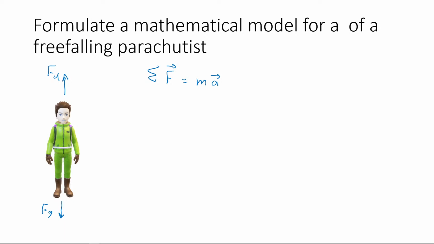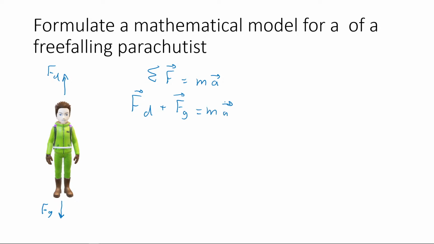Okay, so now I actually have a governing equation. I have the sum of the forces equal to mass times acceleration. So I have a drag force here and a gravitational force here. The sum of the forces, that would be my drag force plus my gravitational force, equal to mass times acceleration.